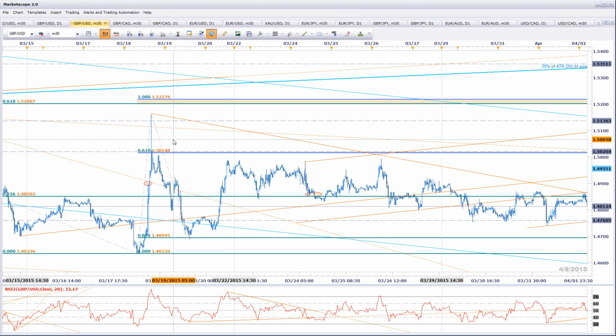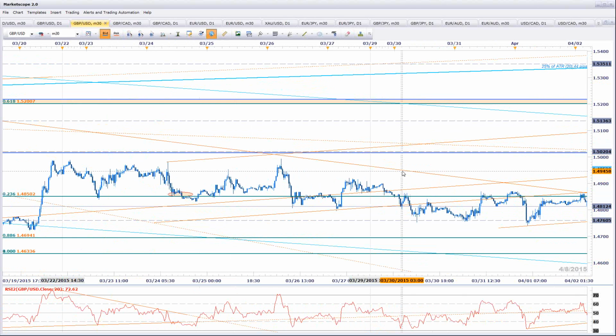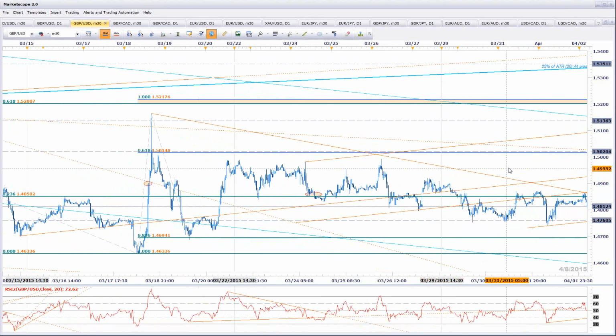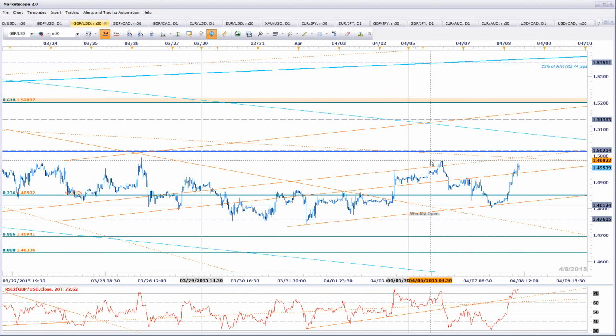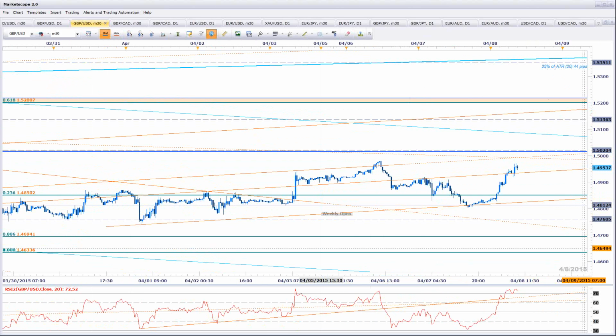Long story short, I don't want to stress those highs, so I'm not giving too much credence to this 150.15 level. But the opening range high for April is not too far off from where we are right now. That's what would validate a break of the near-term range, and that would keep us looking on the upside for the British pound. Does that make sense?